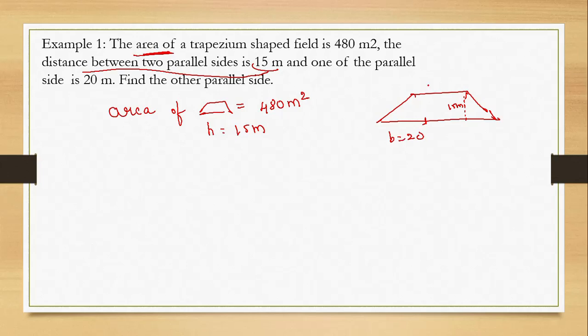We consider the other side as a. We want to find the other parallel side. So first we know the formula: area of trapezium is equal to half into h into a plus b.